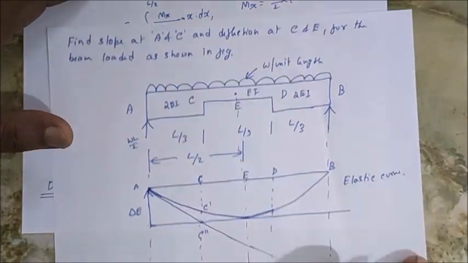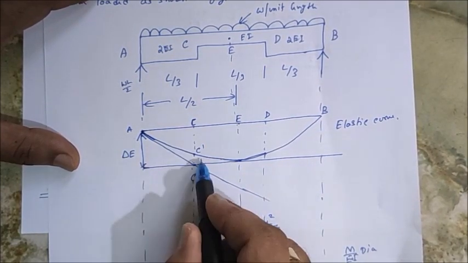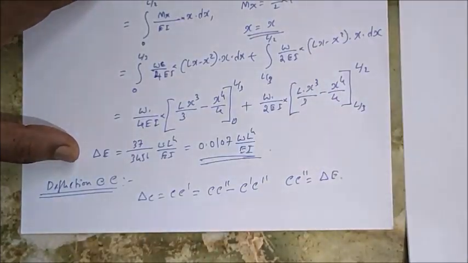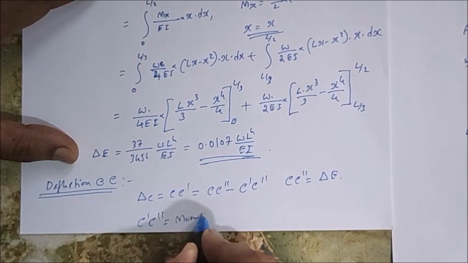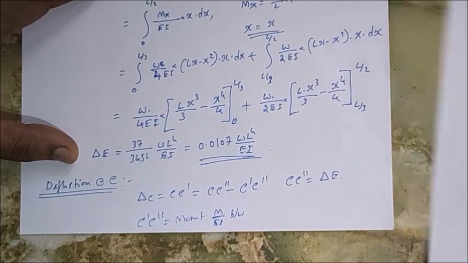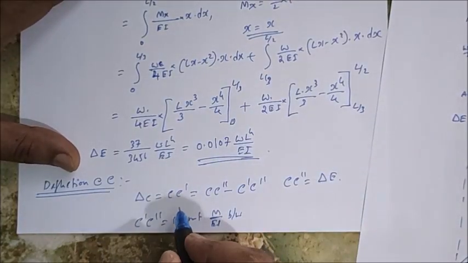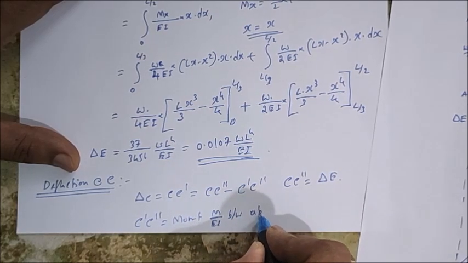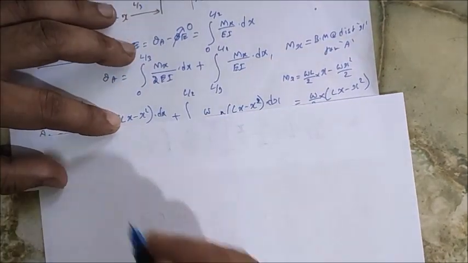If you're recollecting, you can check it out here. C double dash is delta E, which you have calculated. The only thing you need to find out is C dash C double dash, which is the moment of the M by EI diagram between C and E about C. So you need to get it about C. What is the answer?